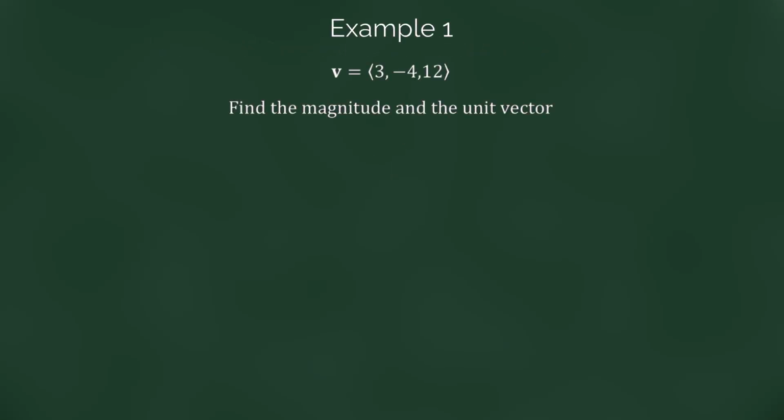So here we have the vector v equals 3, negative 4, 12. We want to find its magnitude, and we also want to find its corresponding unit vector. So the magnitude of v, we know that's going to be the square root of each of its components squared: 3 squared plus negative 4 squared plus 12 squared.